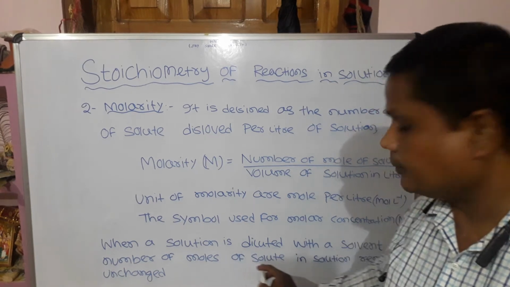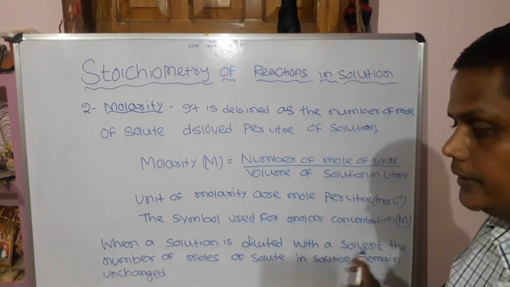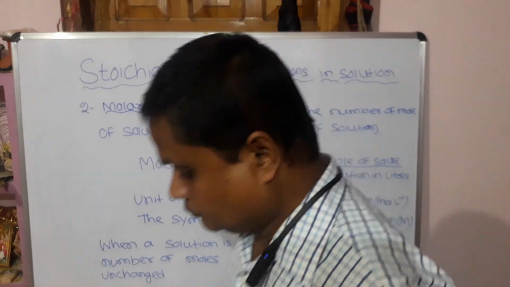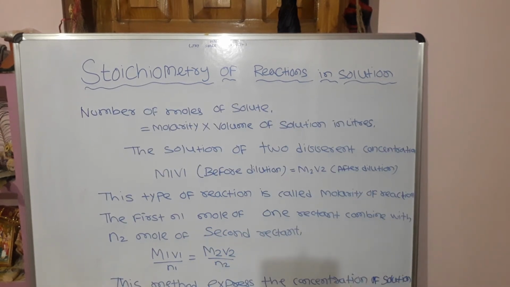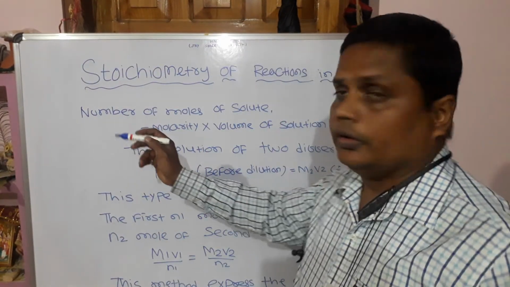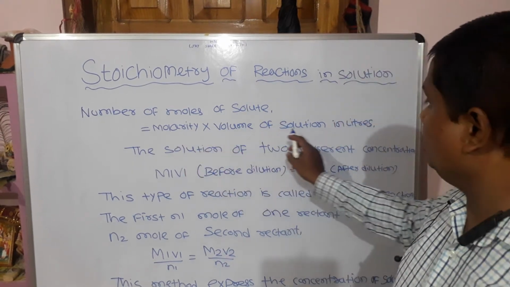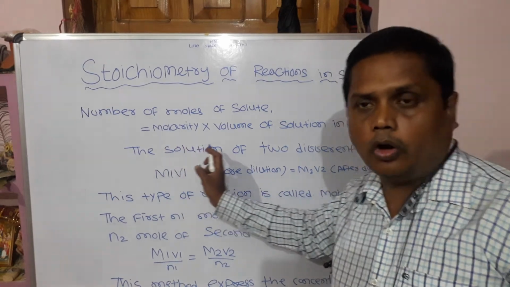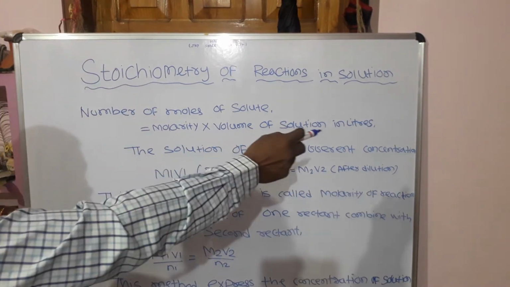The number of moles of solute equals molarity times the volume of the solution in liters.